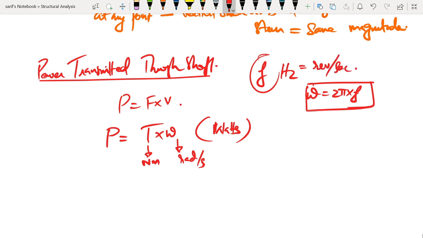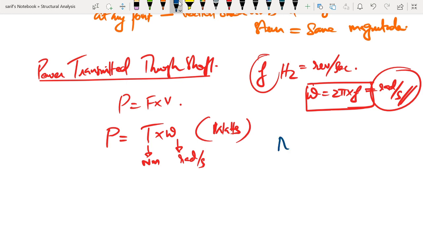So if the angular velocity is given in frequency, hertz, or cycles per second, you have to convert it into angular velocity, that is 2 pi f radian per second. Then you can apply this particular formula.